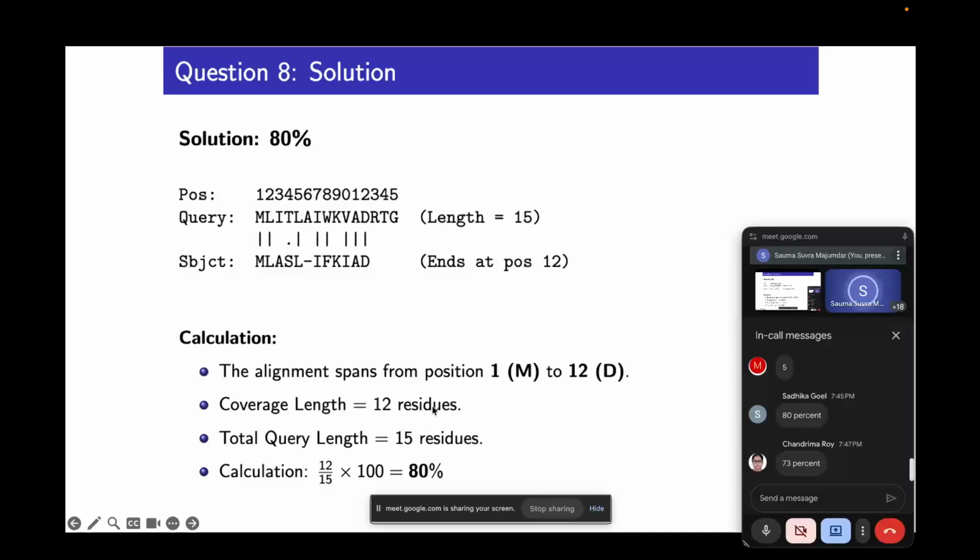So it's 12 by 15 times 100, which is 80%. I'm not sure where you got 73% from, but 80% is the correct answer. It looks like a complicated thing, but it's just telling you how much of this sequence is covered in this particular sequence. So 12 residues out of 15.